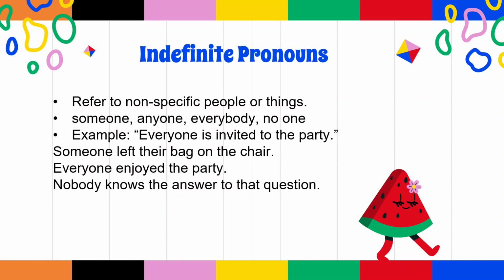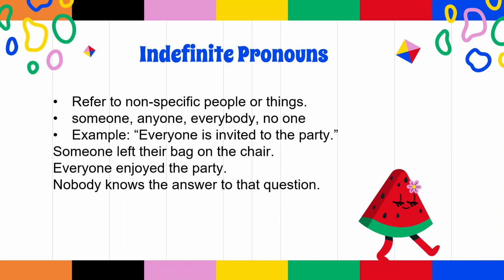Okay. So let's try this activity where you have to fill in the correct pronoun. So first one is, the boy dash won the race is my cousin. So what should I put in the blank? The boy dash won the race is my cousin.